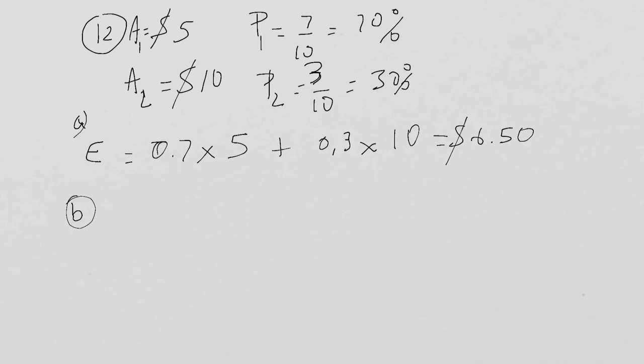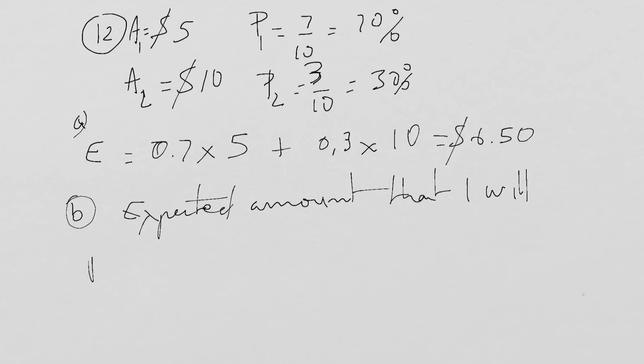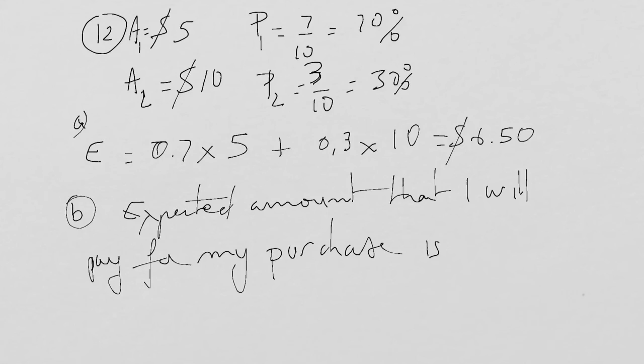Well, that is very simple, because the expected amount that I will pay for my purchase is 200 minus 6.50, and it's going to be $193.50.